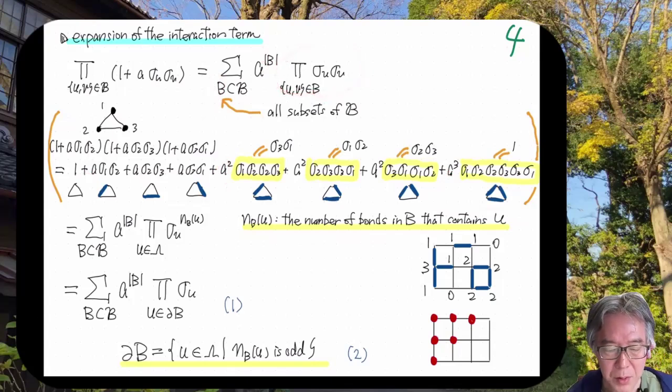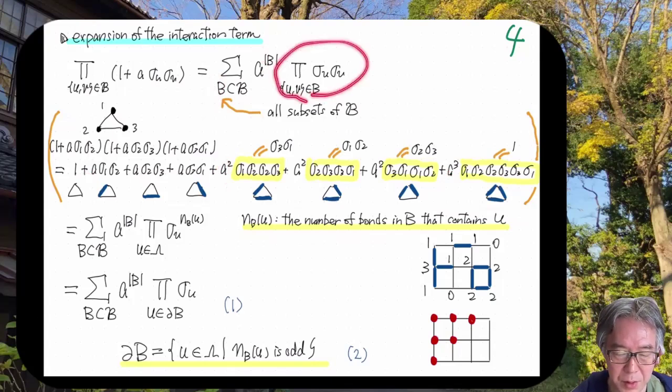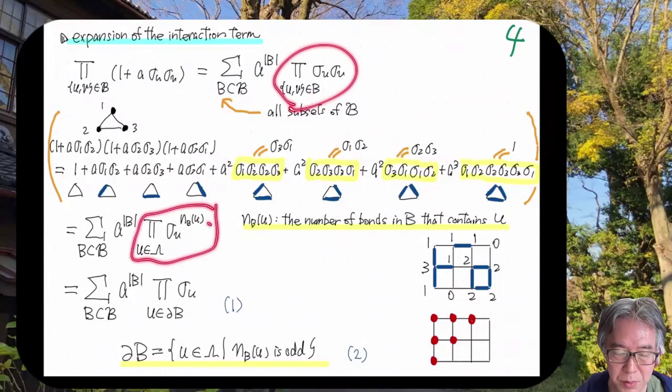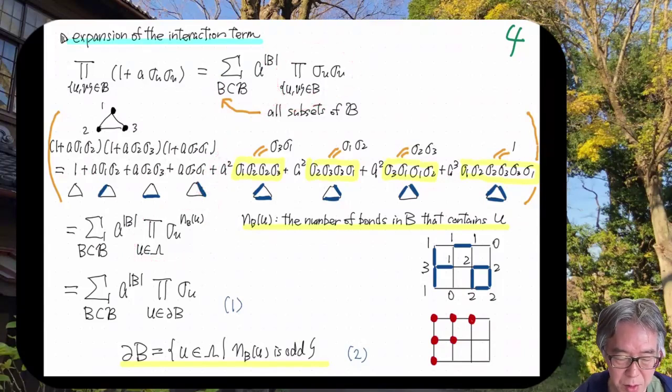But now you can rewrite this in a simpler manner, because first of all we rearrange this part like this. So what is this? Well, N_B of u denotes the number of bonds in the subset B that contains u. So this is an example.